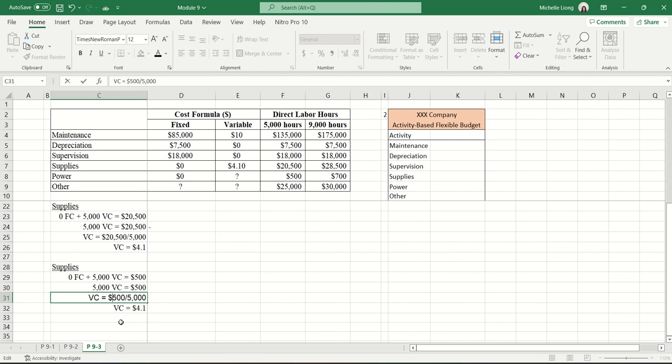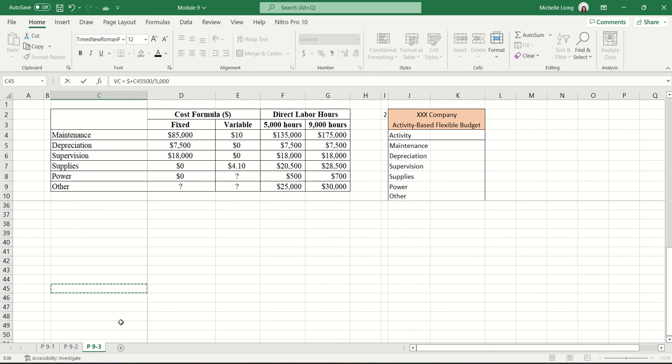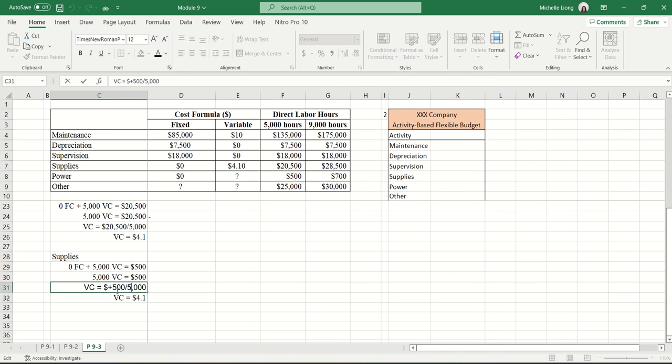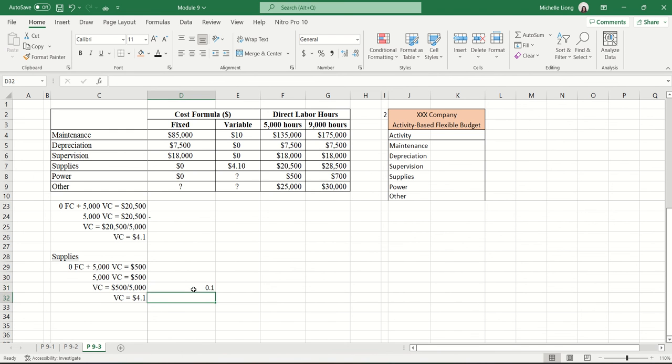So 5,000, 500 divided by 5,000. And we can get the amount of 5,000. 500 divided by 5,000 is 0.1. So right here we can write 0.1. Oh, sorry.